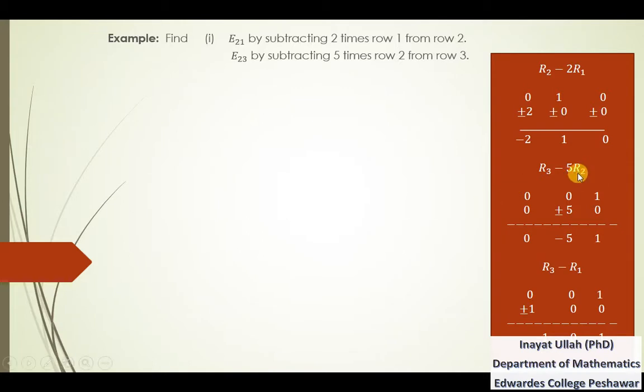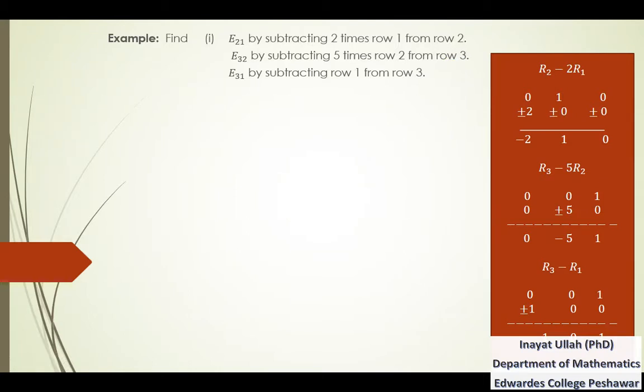The third one is E31, by subtracting row 1 from row 3.